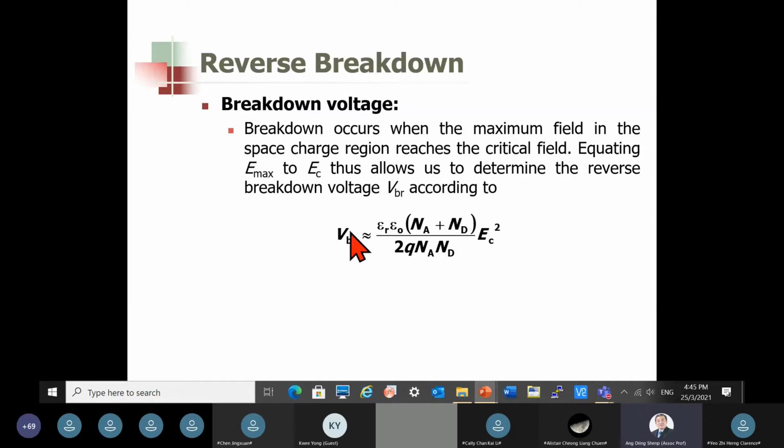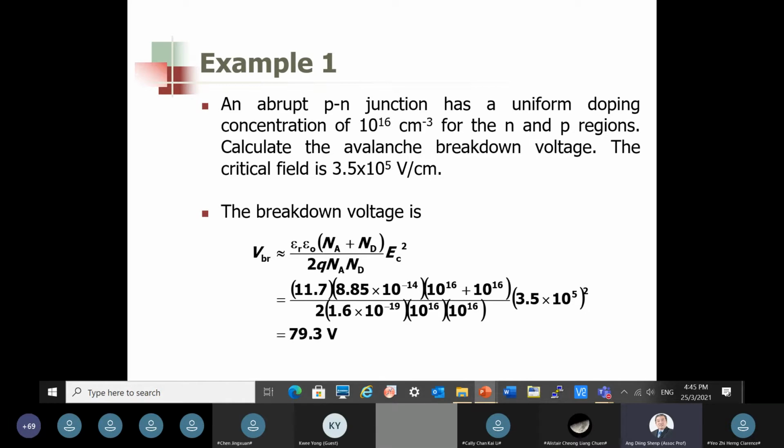If you look at this result, VBR depends on the doping term. It's not surprising, because the maximum electric field in a PN junction is determined by the doping concentration of the P and N sides.